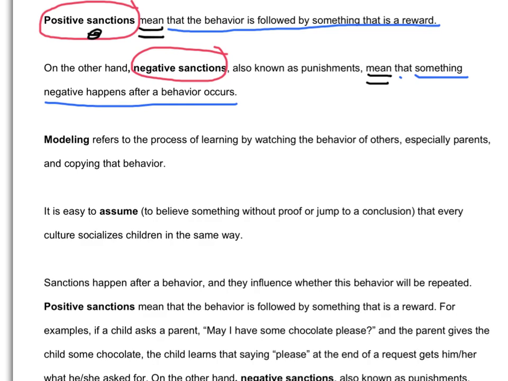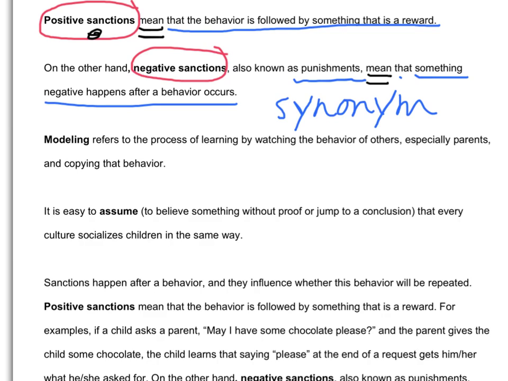So those are the three parts of the definition there. And we also have something interesting here, also known as punishments. The word punishments is what's called a synonym. It's another word meaning the same thing. So in this case, for negative sanctions, a synonym is punishments.